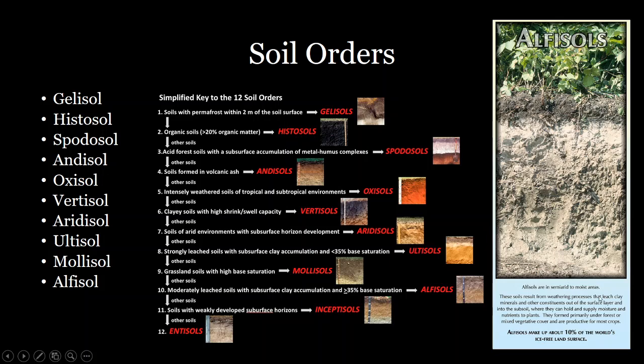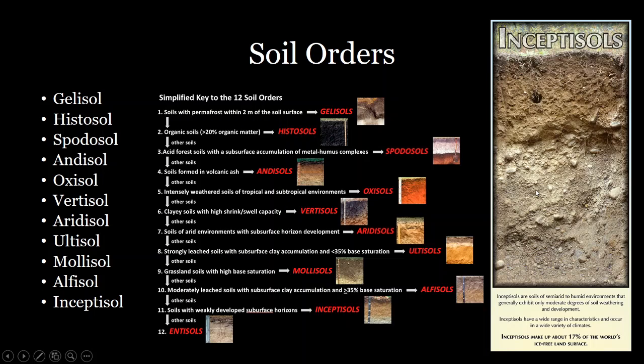And so that's just because it's been heavily leached and it has a lot of water in it. So you have a lot of clay minerals that develop and get leached out. Those are alfisols.